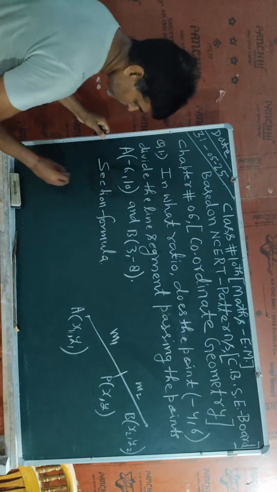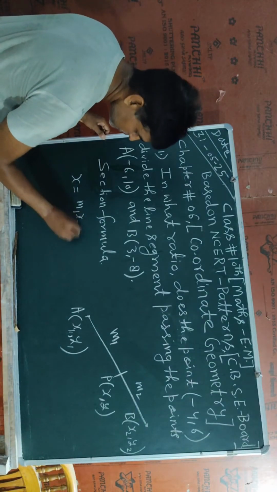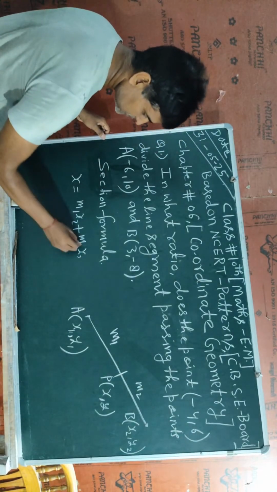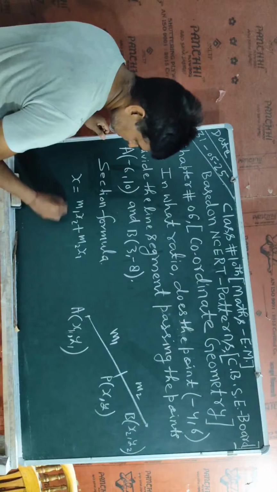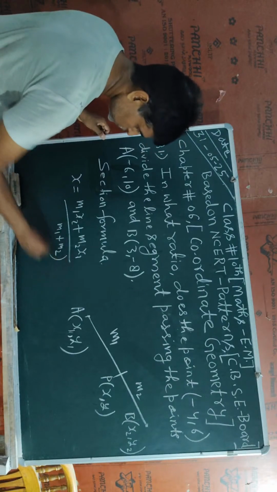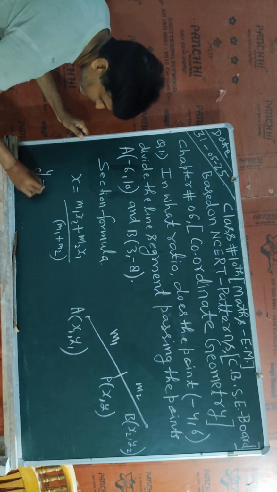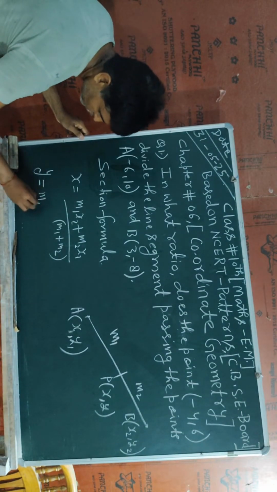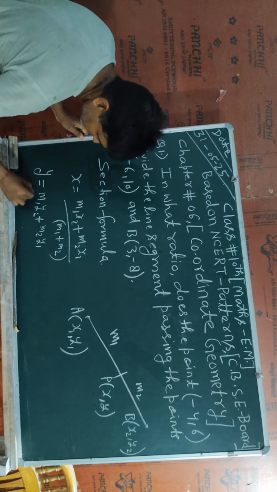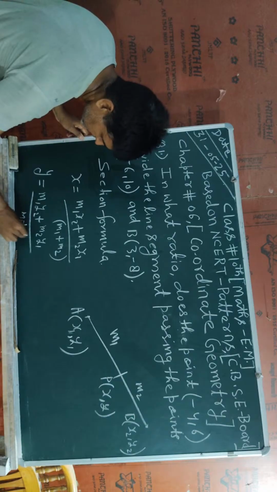The x coordinate will be m1 x2 plus m2 x1 divided by m1 plus m2. Similarly, the value of y will be m1 y2 plus m2 y1 divided by m1 plus m2.